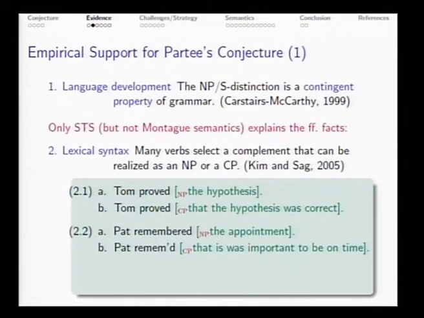Now recall that in traditional monotype semantics, we treat the NP and the CP as expressions of the type E and the type ST respectively. And because traditional monotype semantics further assumes that each syntactic category is associated with exactly one semantic type, we will in this system be able to model at most one of the elements from these pairs of sentences.